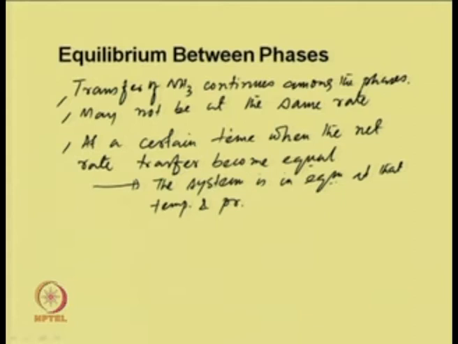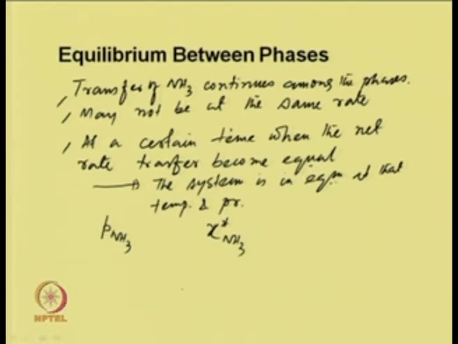We will get the partial pressure of ammonia in the gas phase and the corresponding mole fraction in the liquid phase, x NH3 star. This is the liquid phase equilibrium concentration, and it is the equilibrium partial pressure at this temperature and pressure.